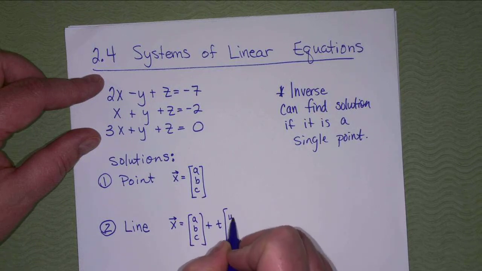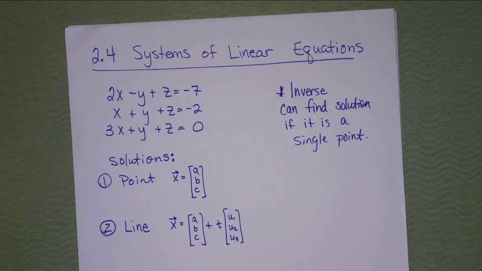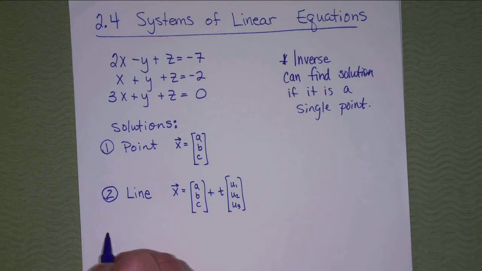So we saw an equation of a line would look like this, where ABC is a point, the point the line's attached to, and then the direction, which is sort of like the slope. And then how else could three planes cross? Yeah, they could cross at a plane.